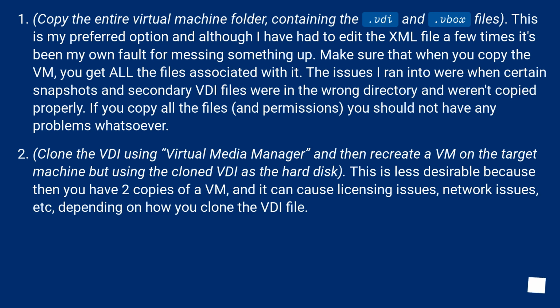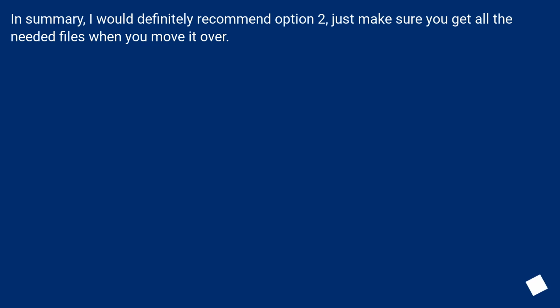Clone the VDI using Virtual Media Manager and then recreate a VM on the target machine but using the cloned VDI as the hard disk. This is less desirable because then you have two copies of a VM, and it can cause licensing issues, network issues, etc., depending on how you clone the VDI file. In summary, I would definitely recommend option 2.